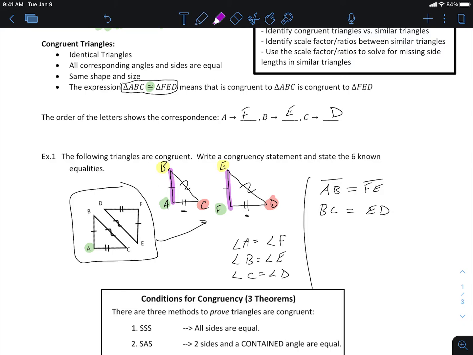That would be these two side lengths. And don't forget your little bars on top, okay? And then CA is equal to DF.